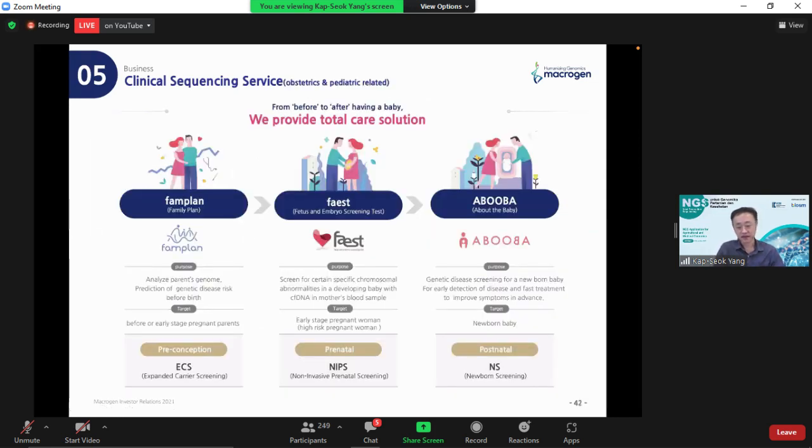And these are a selected number of the clinical applications. This one is for family planning. FAST is the prenatal screening. BUBA is the postnatal screening products.